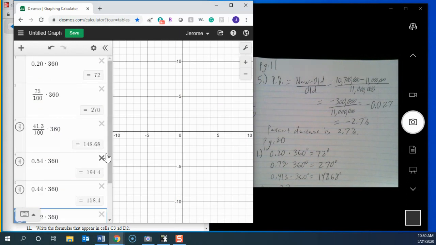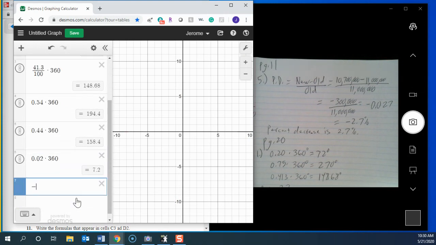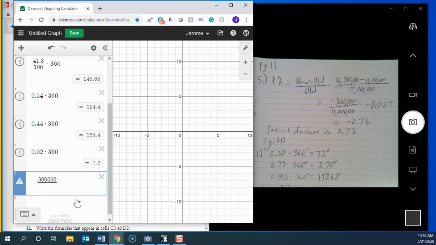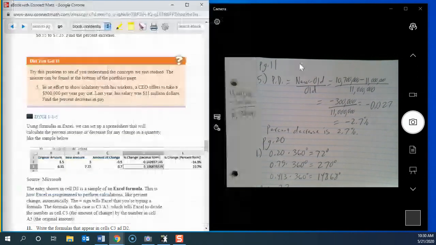All right, so let me put this on the decimals calculator. So we will have negative 300,000 divided by 11 million. And we rounded this value to 3 decimal places. So it'll be a negative 0.027, which we have here.